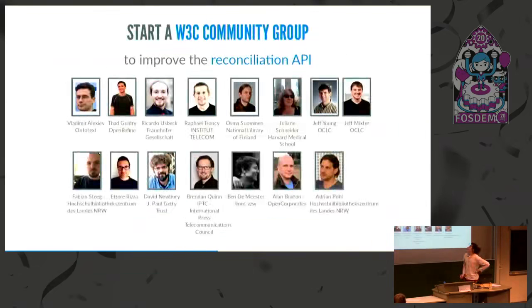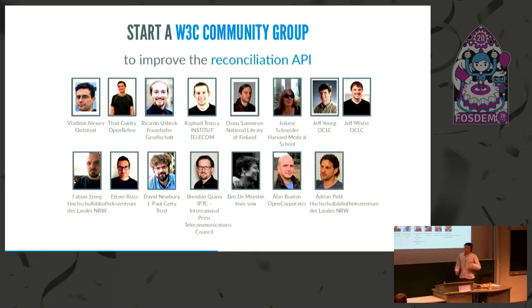We also started a W3C community group to standardize the API that underpins the reconciliation feature I showed you. So for OpenRefine to talk to databases to do this matching, we use an API which was designed by the initial designers of the tool, and it was not very documented. You basically had to reverse engineer the tool every time you wanted to implement a database for that.